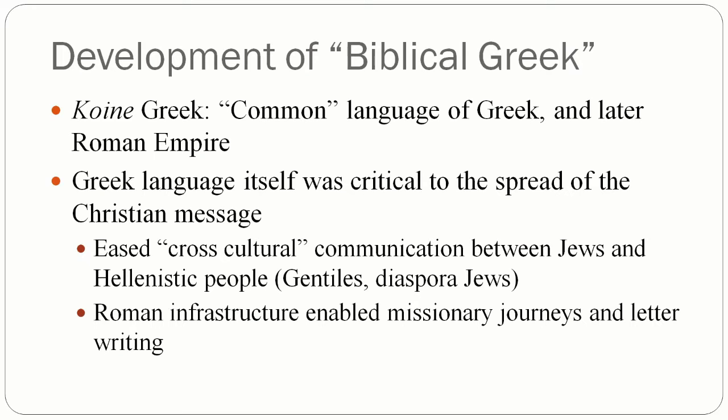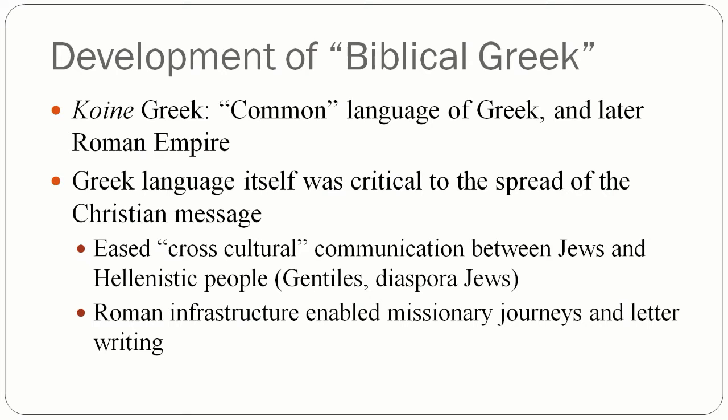When Alexander the Great conquered most of what was then considered the known world, Greece east through what we call the Middle East, ancient Near East at the time, and then all the way over to India, he used the language of his native land, which was, I believe, Macedonia, but they spoke Greek. They had the Greek language, and so that sort of became the standard language of Alexander's empire.